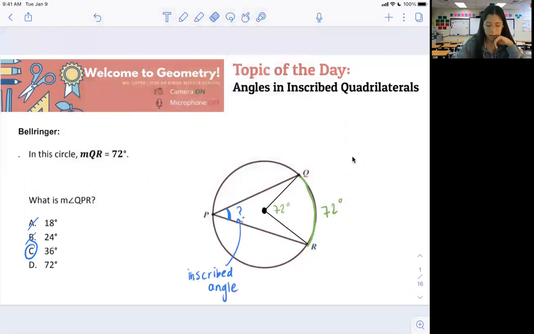The inscribed angle would be half of the central angle. So don't get fooled. It's not really hard. You just gotta be careful not to get tripped up. Any questions on this? Anyone?